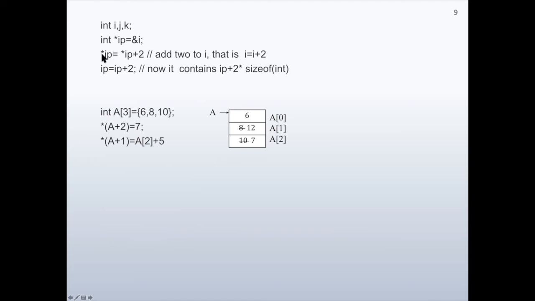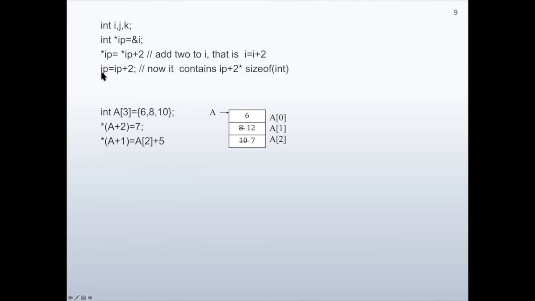So this line adds 2 to I. Because IP has the address of I, it is pointing to I, and the item pointed by IP is I. It is assigned the value of the item pointed by IP, which is I, plus 2. So I becomes I plus 2.